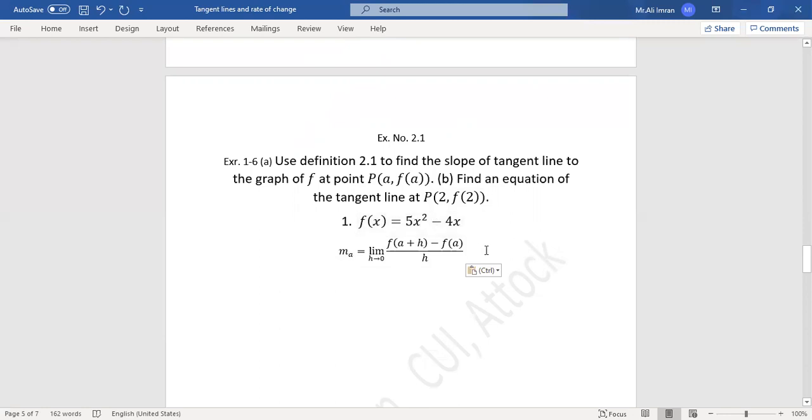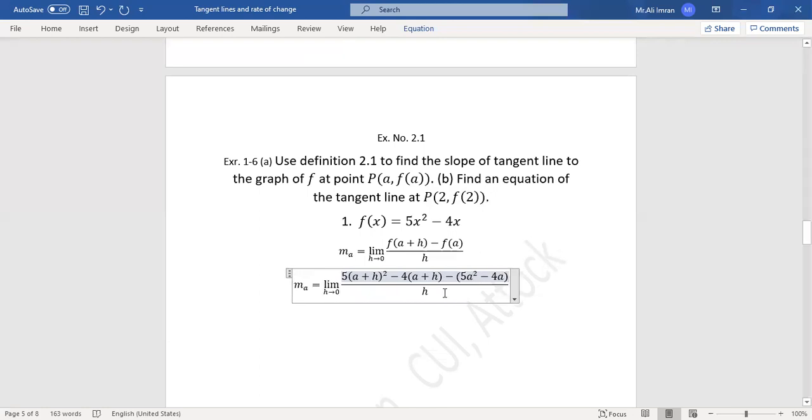Using these values, 5, and instead of x we will put a plus h, minus 4, and instead of x we will put a plus h, minus f of a, 5a square minus 4a.